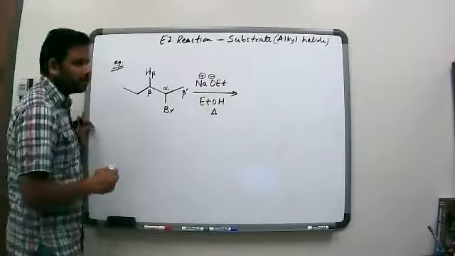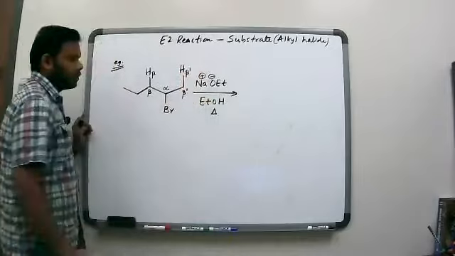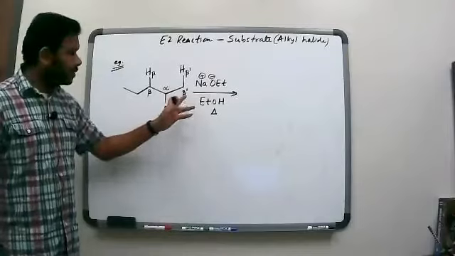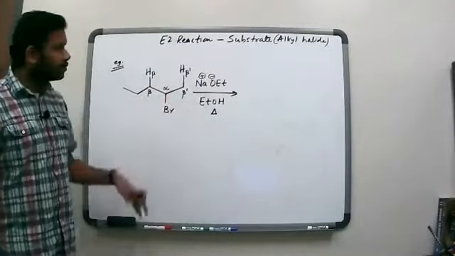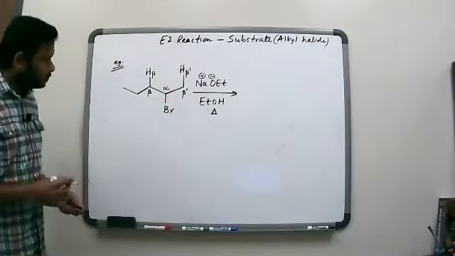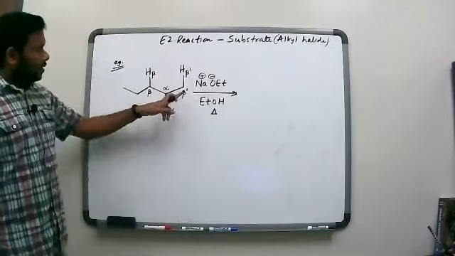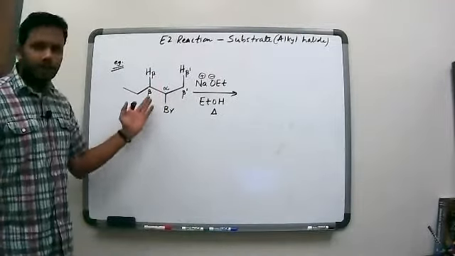We call that H beta. I'm going to call this H beta prime. And again, there are three beta hydrogens on the beta prime carbon, but I'm only drawing out one because we only need one. So now the base here, when it reacts with this alkyl halide, it has two options.